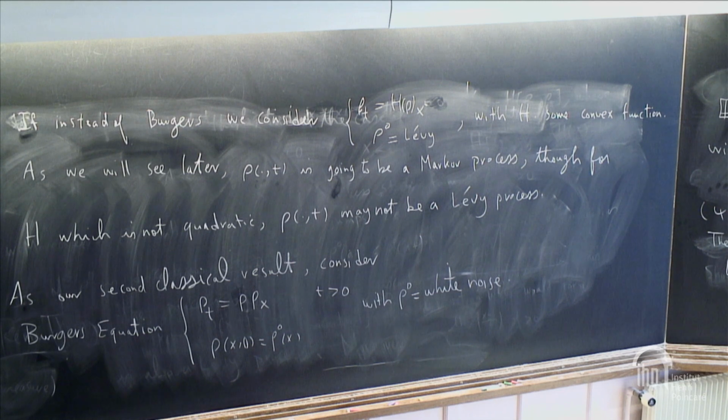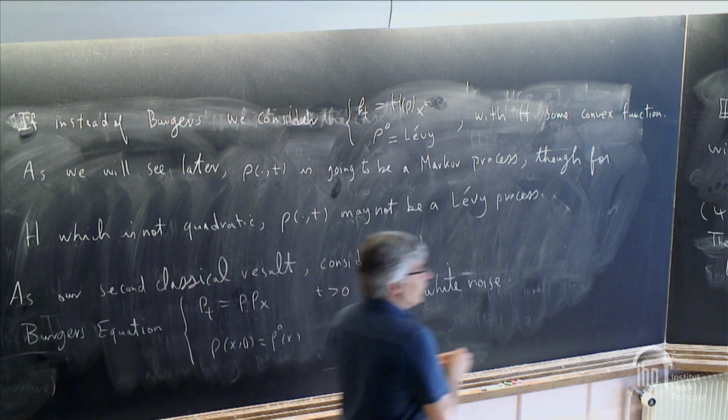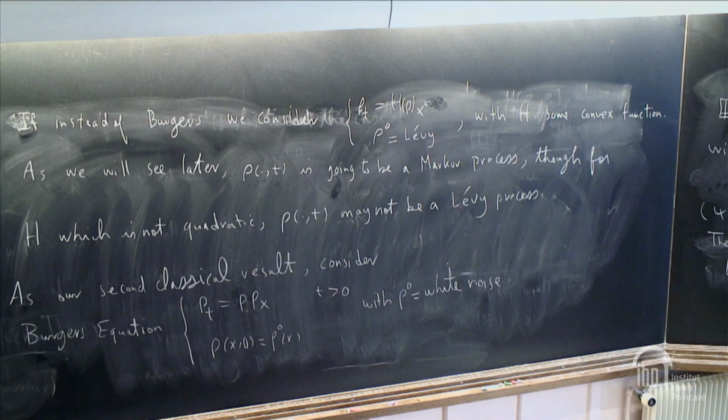First, what do I mean by a solution to this equation? Alternatively, you may start with the integrated version of this, which is the Hamilton-Jacobi equation. So you start with Hamilton-Jacobi equation for which the initial condition is Brownian motion.